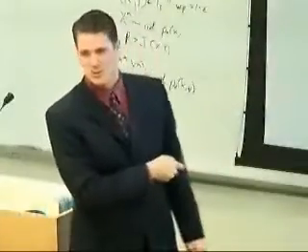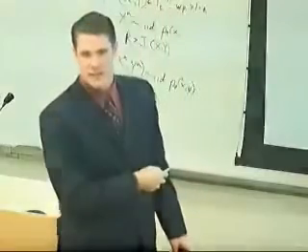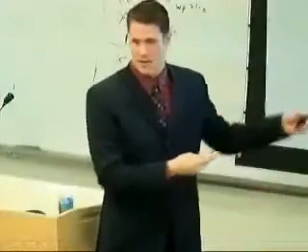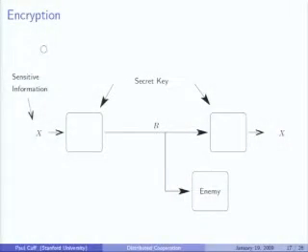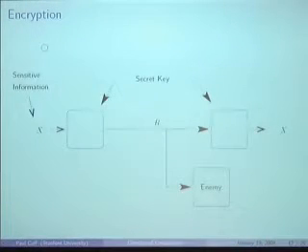You have a source of information that we'll call X, and you want to send it with a description to a decoder that will then decode X. Okay? But an enemy sees this communication, and you don't want the enemy to know anything about your information. So in order to do this, you're not going to have luck in this setup unless you have a secret key. Okay. Now these two know the secret key. The enemy doesn't.